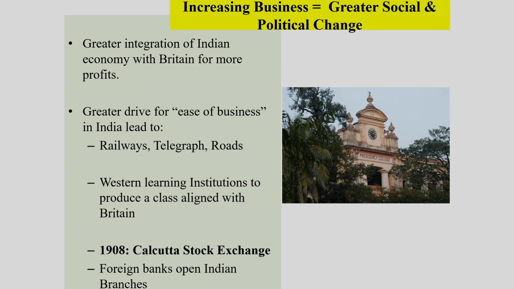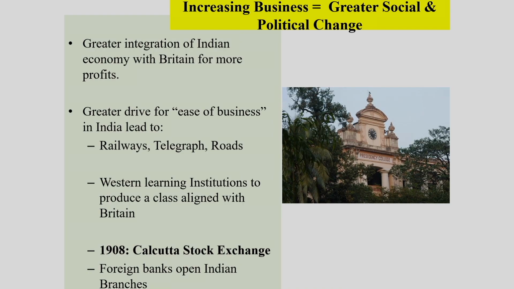So just as it was becoming easier to travel from one place to the other, or to transport one's consignment of goods from one region to the other to earn more profits and to make business a more practical affair in the Indian subcontinent, there were also certain sophisticated social, cultural and institutional factors that were making available a whole new class in the Indian subcontinent that could be made more amenable to the ideas and ideologies of the East India Company, or after 1858 to the ideas and ideologies of the British Empire in India.